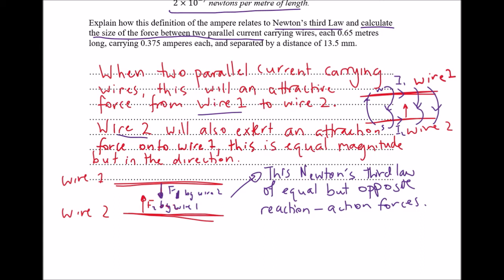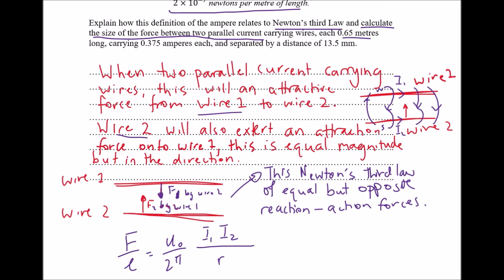Now the formula that I use to calculate this is F over L equals mu naught over 2 pi times I1 I2 over r. Okay, so let's do our substitutions. We know that the length is 0.65 in meters.